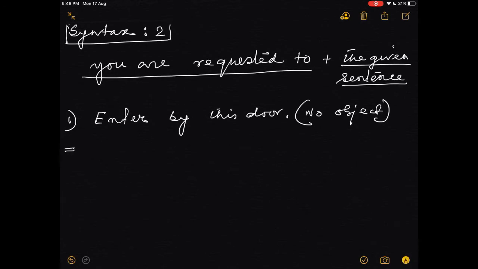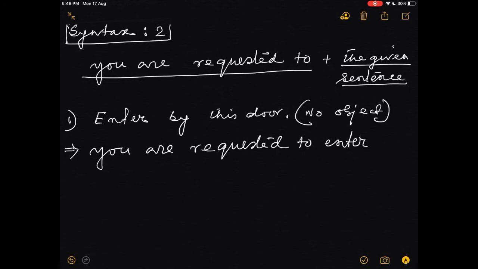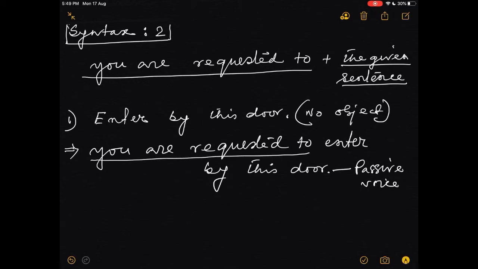So start its passive voice with this second syntax, that is, you are requested to enter by this door. This is the passive voice. So now you have learned what to use, where you can use you are requested to.